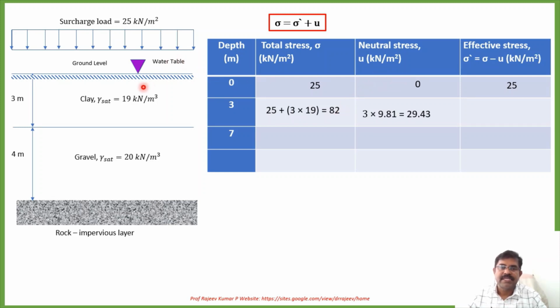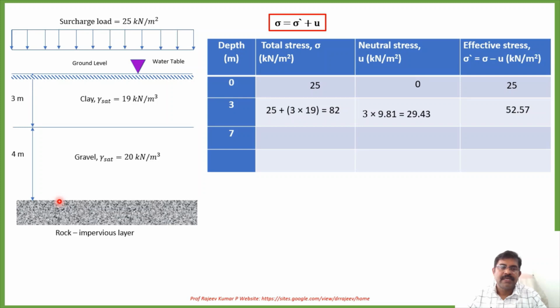Then neutral stress at a depth of 3 meter from the ground level where there is water table, you can calculate as 9.81, unit weight of water, times 3, which is equal to 29.43 kN per meter square. And effective stress is difference between total stress and neutral stress, that is 52.57.